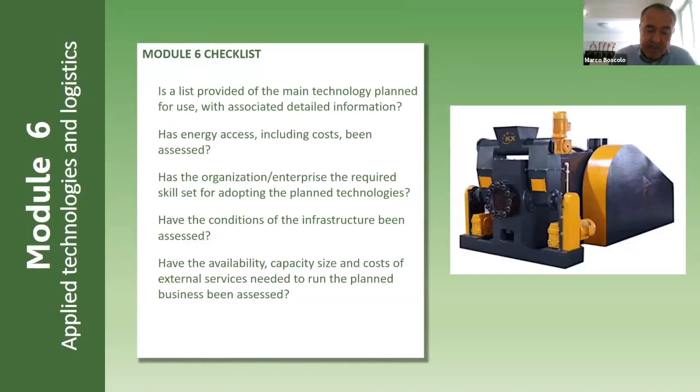So technologies, do we have the right skill sets for adopting these technologies? Are the infrastructure and conditions in place? Do we have the external services that are needed to run the business? You will find guidance on how to answer all these questions in this module.